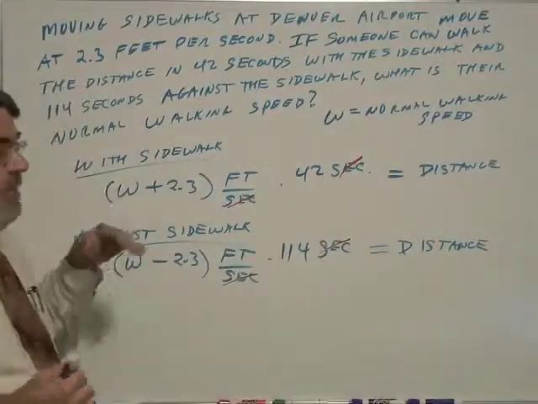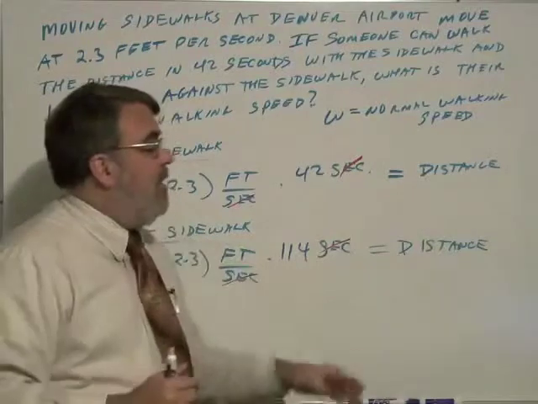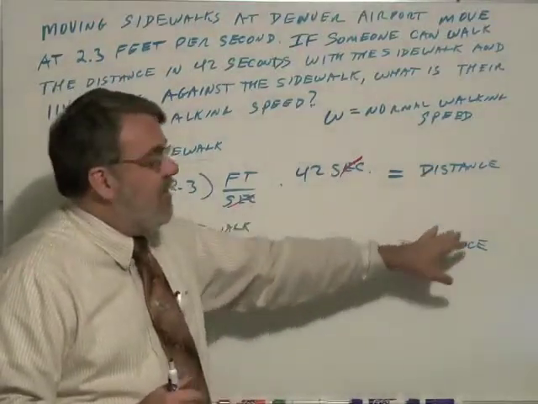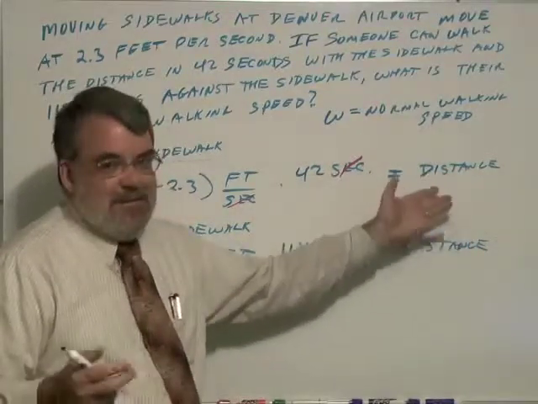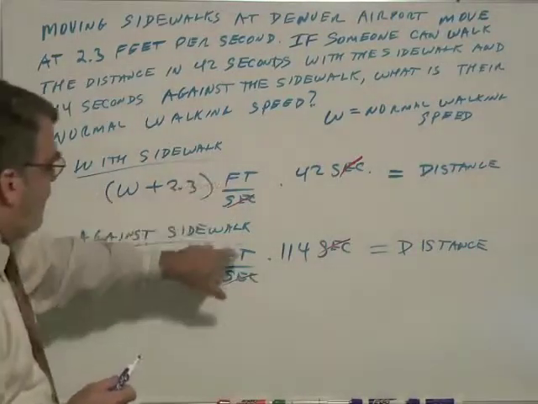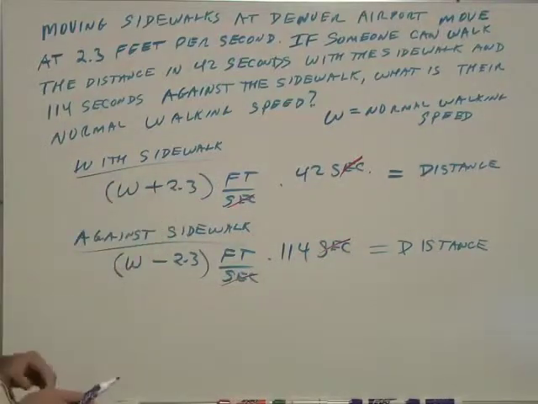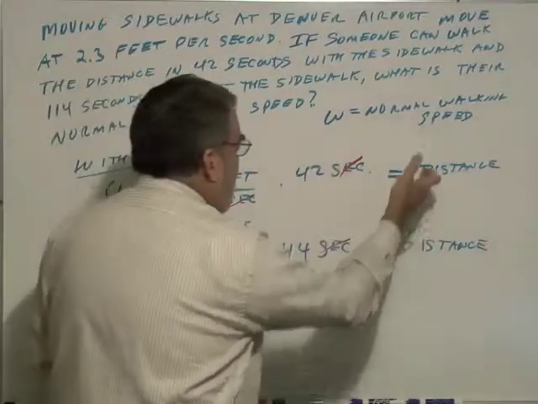In those problems, you always have to find a way to bring these two equations together. In this case, they're brought together because the distances are equal. It's not always true for all these problems, but it is for this one. So, I know I've got the right units, they're feet, that's a distance measurement. So then, I can set these equations equal to each other.